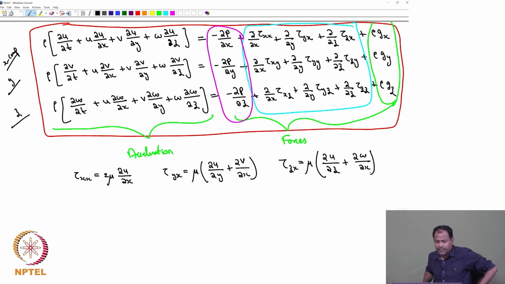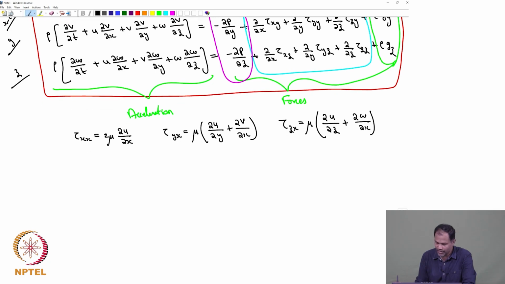Remember, when we derived Newton's law of viscosity, we simply connected stress with rate of strain. Here I have written it in a much more general fashion, where each component of the shear stress is related to the velocity gradient.